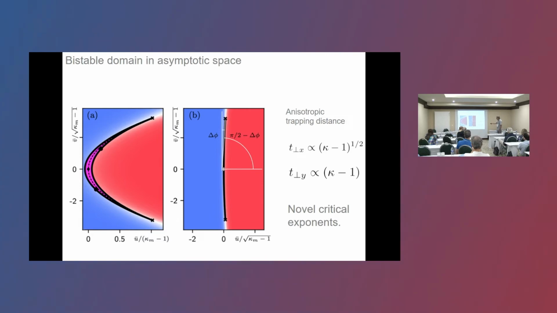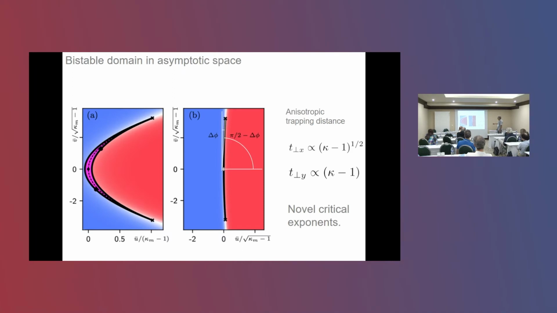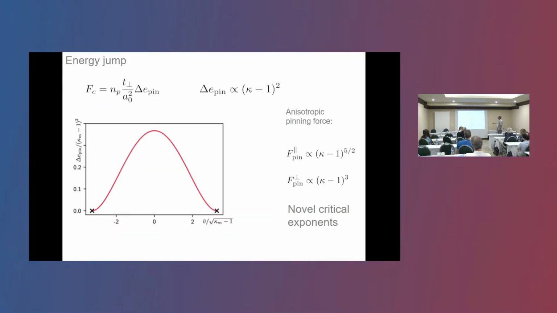As a result, if we drag the vortex like that, we get one trapping distance. If we drag the vortex like that, we get a much smaller trapping distance. We should multiply the trapping distance by the jump, and that's how the jump behaves. It's proportional to kappa minus 1 squared. We actually have to integrate all the jumps here, but roughly that means multiplying this or that by the jump.